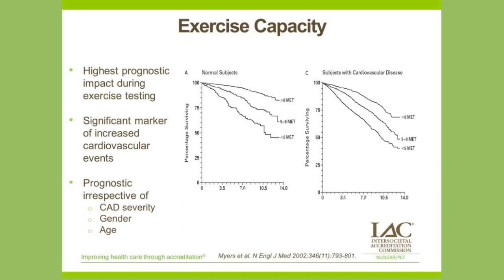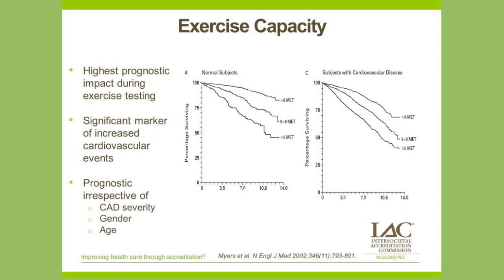Here, in the two figures to your right, by Myers et al., in this seminal study published in the New England Journal of Medicine, you can see from the survival curves that there's a clear delineation by the number of METs achieved on exercise stress for the percentage surviving.